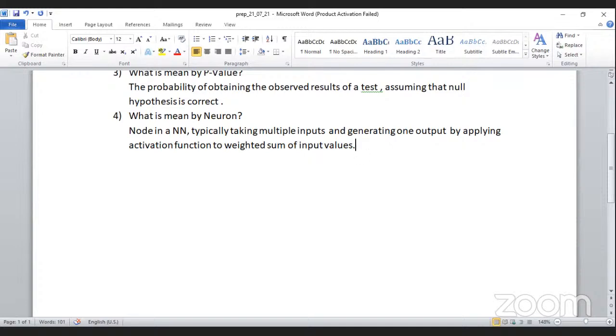So this neuron is nothing but a node in a neural network. That node is nothing but a neuron in neural networks. So this is a very basic term related to neural networks.